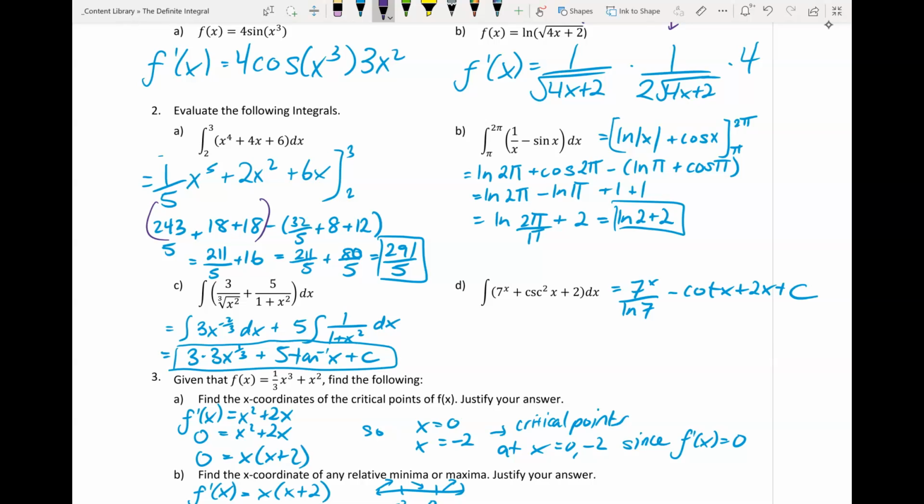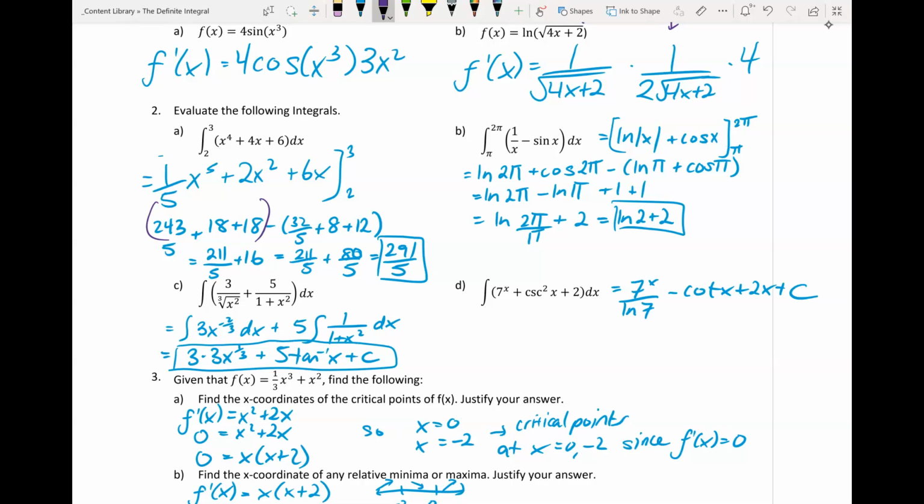And then you do the same thing for 2, so remember to subtract it, because according to the formula, it's the antiderivative of f at b minus the antiderivative of f at a. Then you want to simplify, and your final answer should be 291 over 5. Be careful when you're simplifying. You don't want to make small mistakes when you're adding or subtracting your fractions, so please look over your work on that.